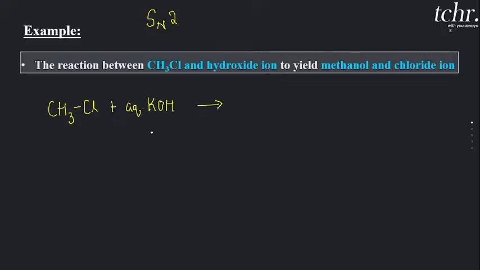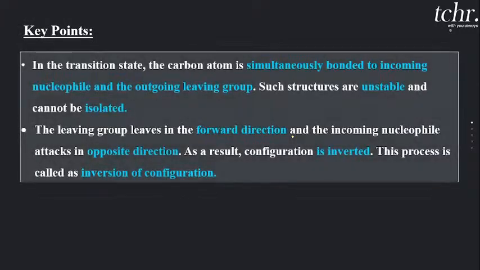So simple substitution of the nucleophile, CH3Cl, the Cl minus is substituted by hydroxide ion OH minus, and the substitution can take place this way. And what is the product you get? The product you get is methanol, right?